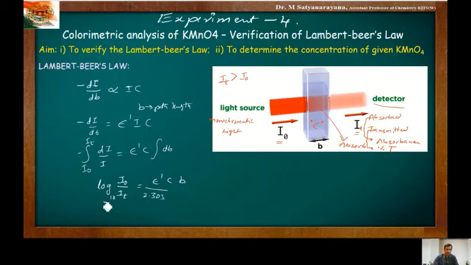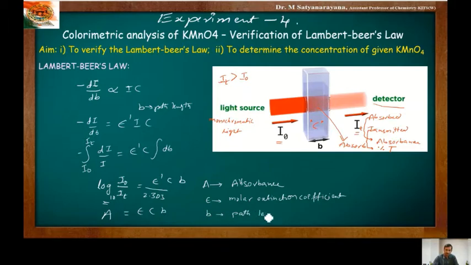So we call this term absorbance, A, and this term we write as another constant, epsilon, so A equals epsilon C B. Here A represents absorbance, epsilon means molar extinction coefficient, B is the path length, and C is the concentration of solution.